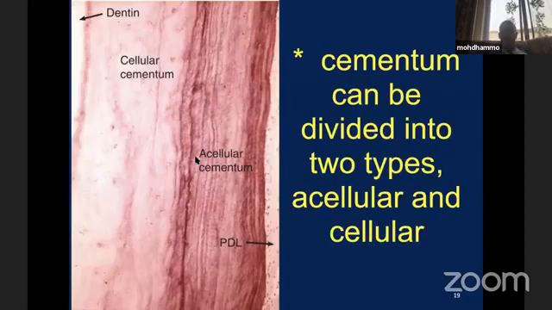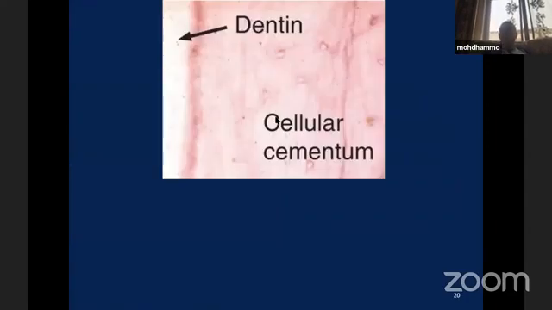Now, if we look at the cementum, it is divided into two types, acellular and cellular. Here we are dealing with dentine. Next to dentine, we are dealing with cellular cementum, then acellular cementum, then we will go to the periodontal ligament.